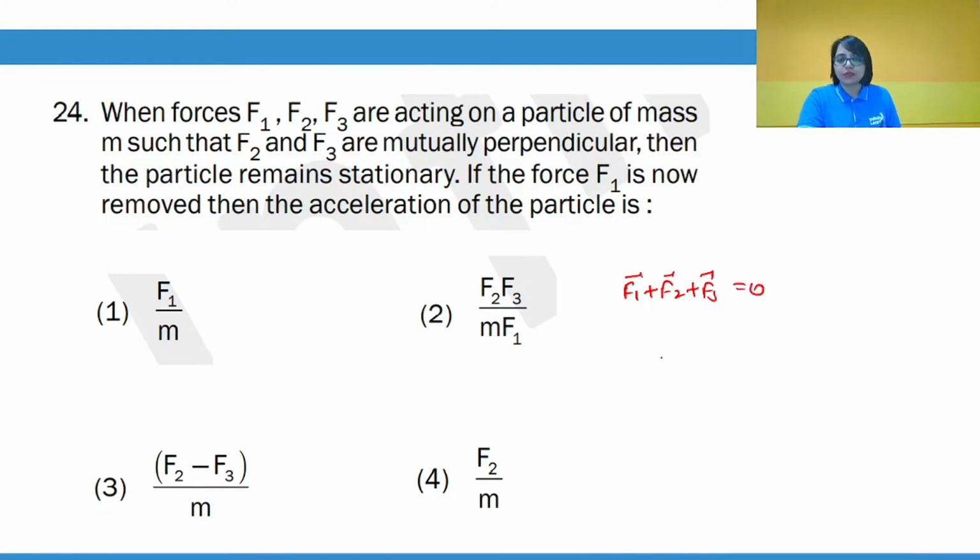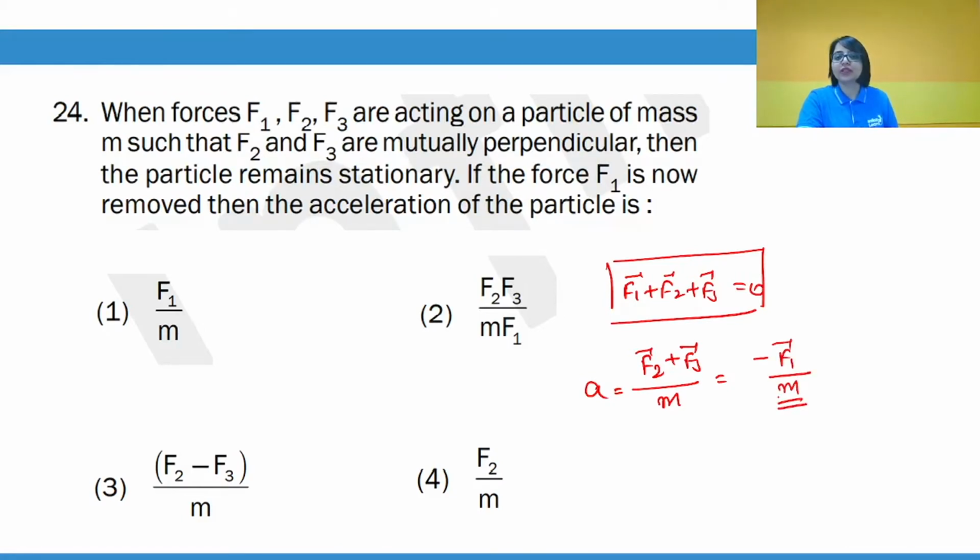Now if F1 is removed, the net force will be F2 vector plus F3 vector, and divided by mass will give you the acceleration. But using this equation, you can write F2 vector plus F3 vector as minus F1 vector. So it will be minus F1 vector divided by m. So the magnitude will be option 1, F1 upon m.